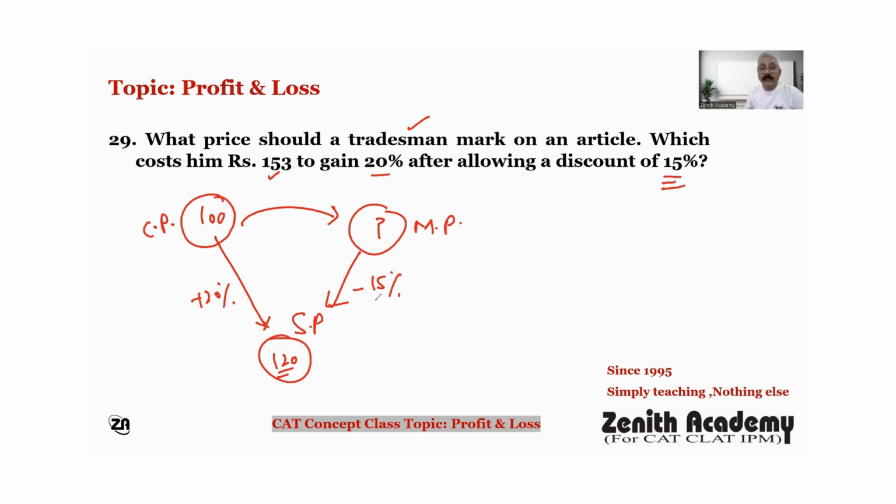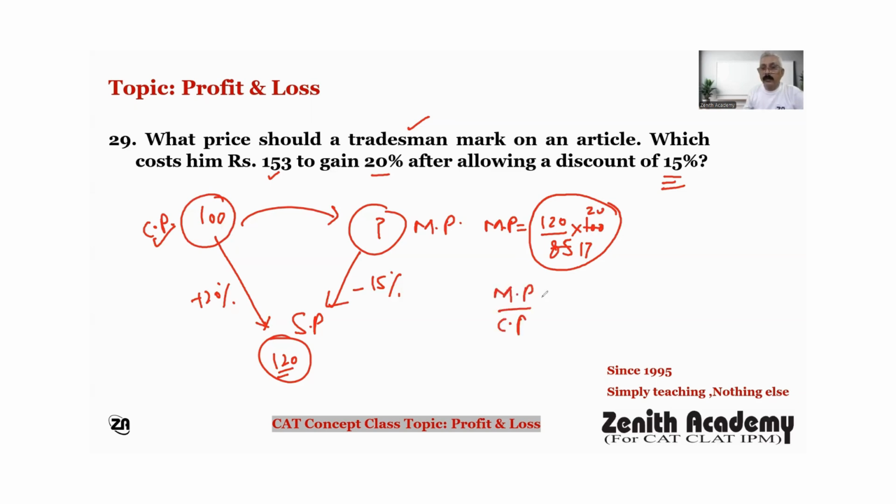If 15% discount on the mark price is 120, it means mark price is 120 by 85 into 100. Okay. So now see, my cost is 100 and the mark price as per the condition is this. So simplify kar le, 17 and this is 20.